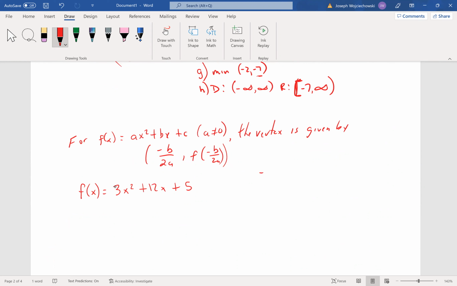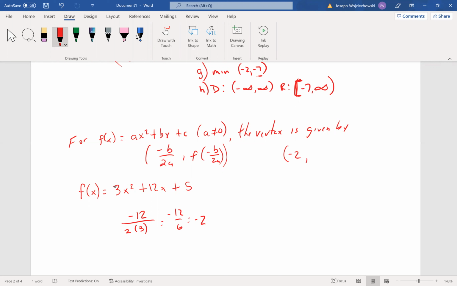Negative b is negative 12, 2 times a, which is 3, comma, f of whatever that is. Well, let's do this separately. So we have negative b, negative 12 over 2 times a is 3, negative 12 over 6, negative 2. So I now know my x is negative 2.